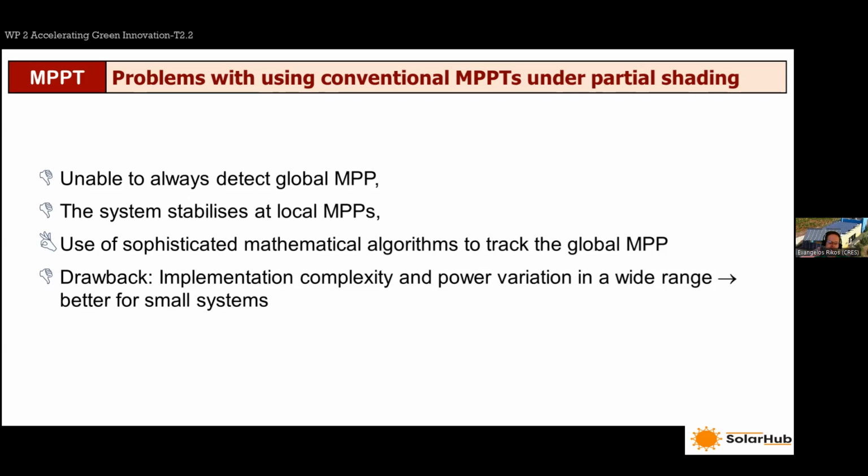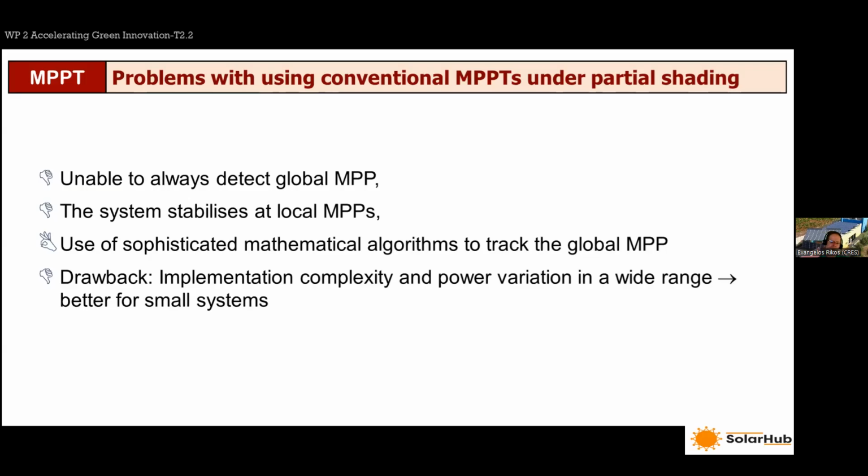However, of course, implementing complex algorithms may not be an advantage for all types of systems because it could increase the calculating complexity, and so the cost of the MPPT and the design of the MPPT technique.